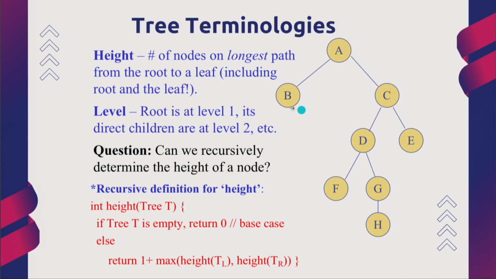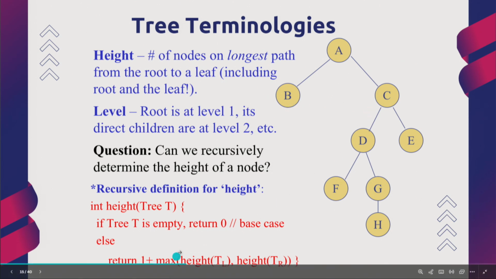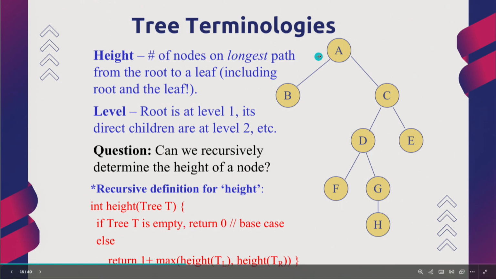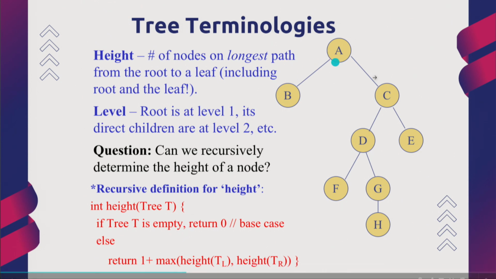Here the standard way of recursively defining the height of the tree is that we compute the height of the left subtree and height of the right subtree. We take the maximum of that. So, in our case the height of the right subtree is maximum, and together we need to add up a value of 1 to account for the level 0, which is root. So, if we find the height of the right subtree, then it is 1, 2, 3 and 4 in our case.